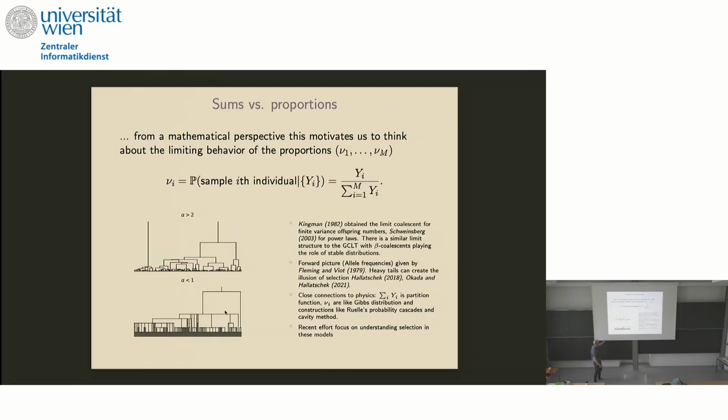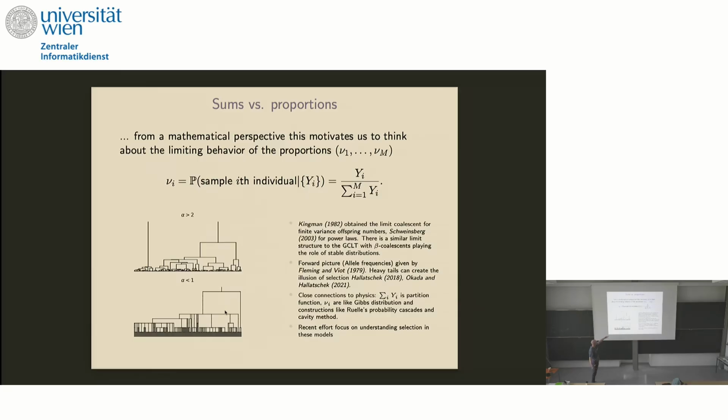In that case, if you look at the genealogy in a very large population over a very long time, the branches only merge two at a time, so you only get binary mergings of branches. Other people, notably Jason Schweinsberg, have studied what you could call the generalized central limit theorem for these coalescents, and shown that you get these things called beta coalescents, playing the role of stable distributions in the theory of coalescence.